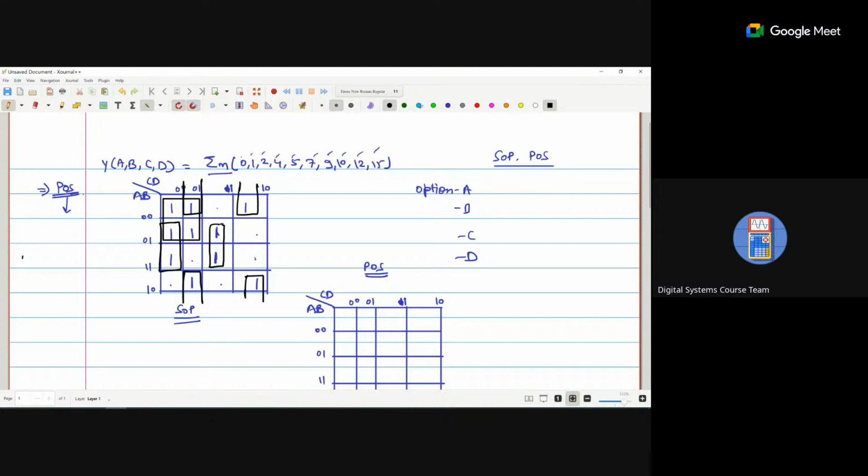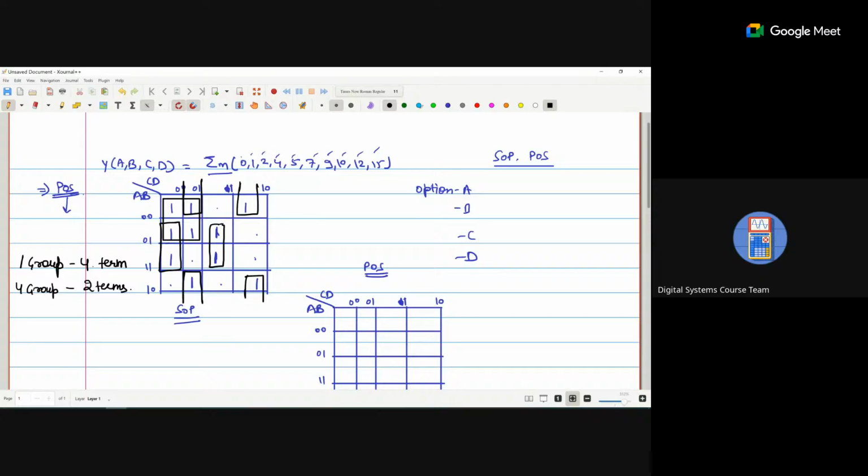So one group of four terms, and then one, two, three, and four groups of two terms.